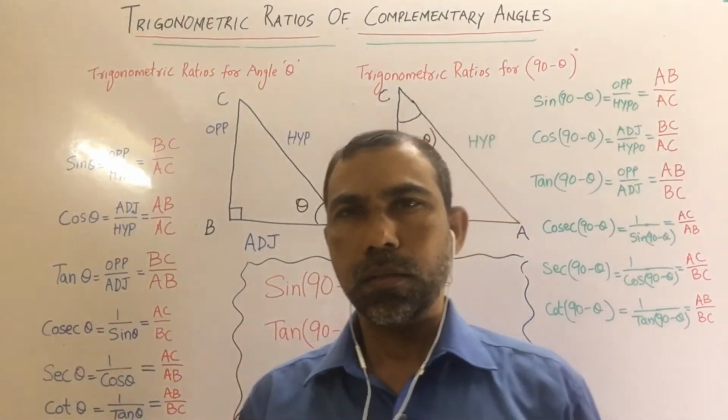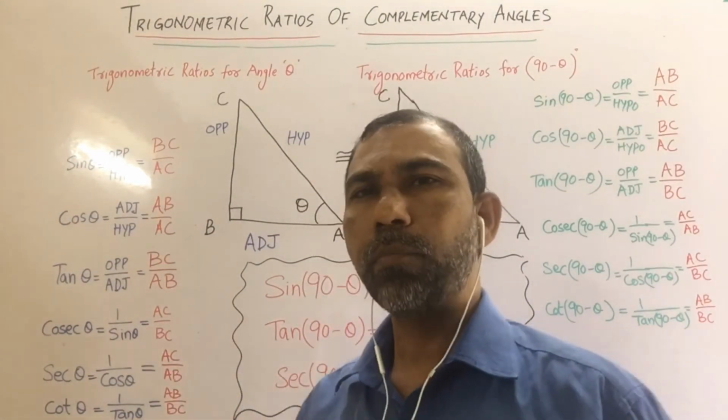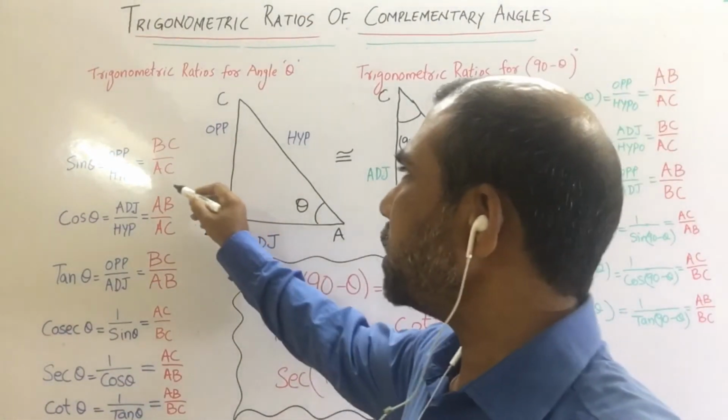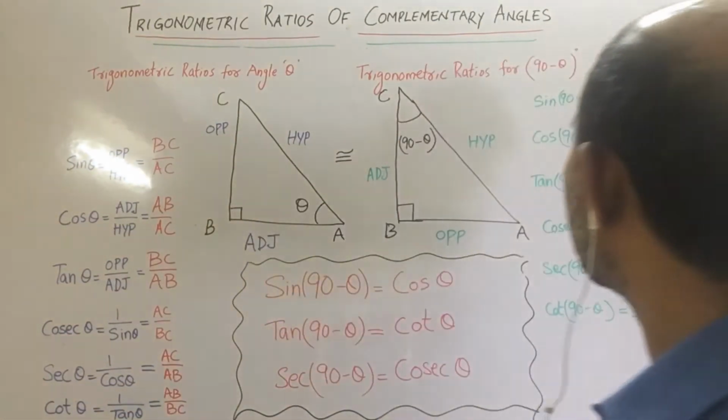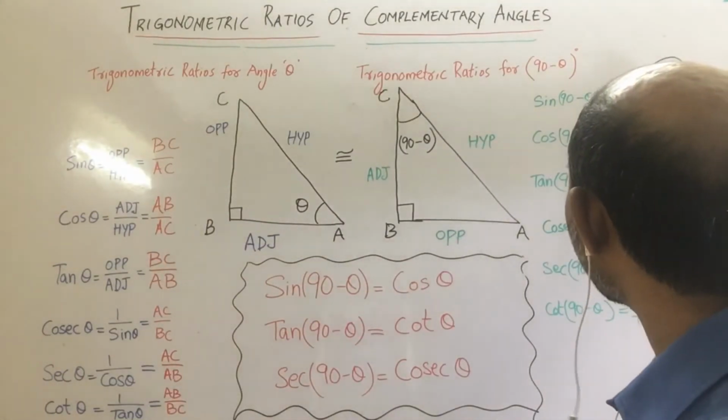Now, the important point we have to consider is that when you see sin 90 minus theta, here we are getting AB over AC.